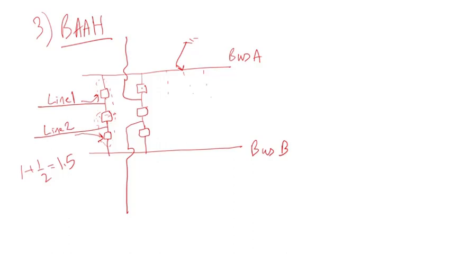Now if there's a bus fault here and this breaker somehow did not open for whatever reason, it's going to transfer to the next breaker, which means you're going to take this line out of service. So it's only one line, and 3 lines will remain in service.